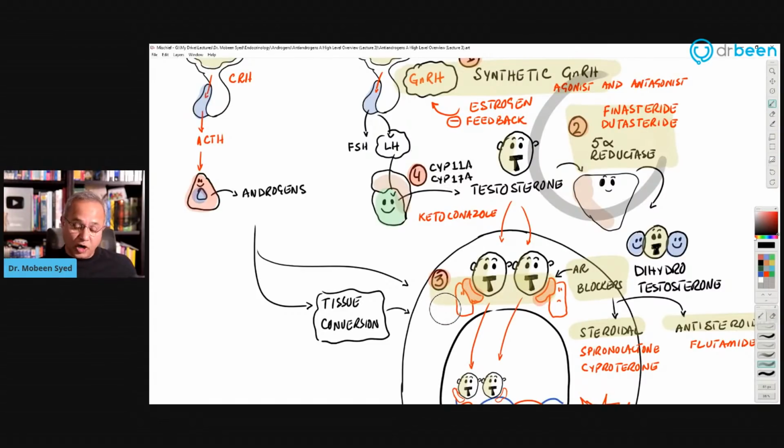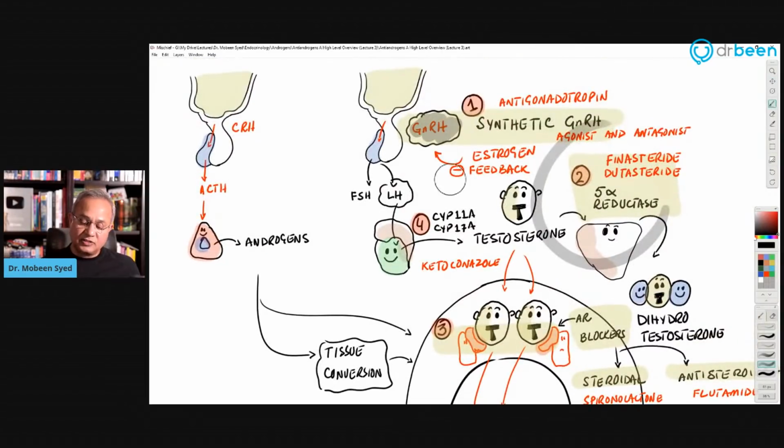So when we block them, then what happens is GnRH is present. So the healthcare professionals here and students, if you get the labs done, you will see that gonadotropin releasing hormone is present in normal or even higher levels. You would see that luteinizing hormone is present because the orders are coming in to make testosterone.